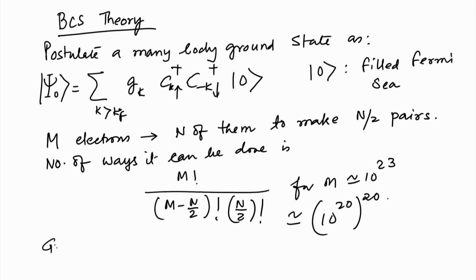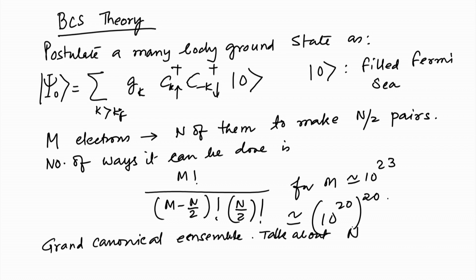So, we shall talk in grand canonical ensemble and talk about average n, we call it n bar instead of the number of particles.